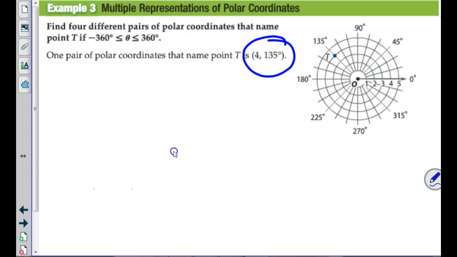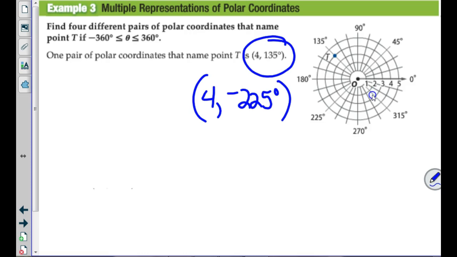Anybody? Well, what if we'd gone negative angle? What's 135 minus 360? Negative 225. Does that seem like it would be the right spot? Okay, negative 225 and then out positive 4. Okay, what if we had gone all the way around and then backed up 4?